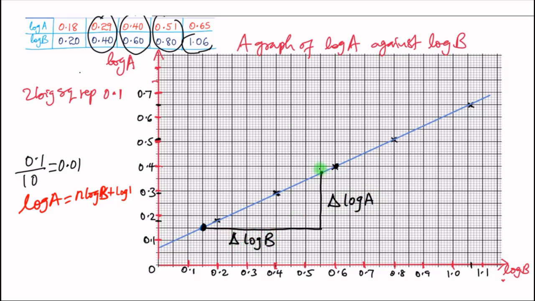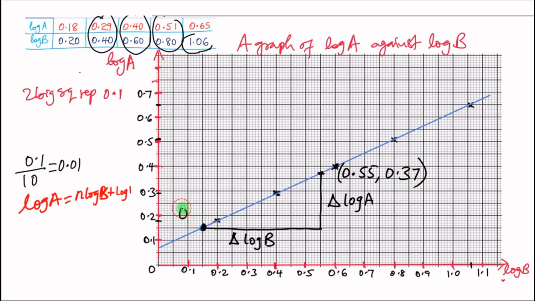So this point here, I can actually locate them. This will be 0.55, and the other point is 0.37.